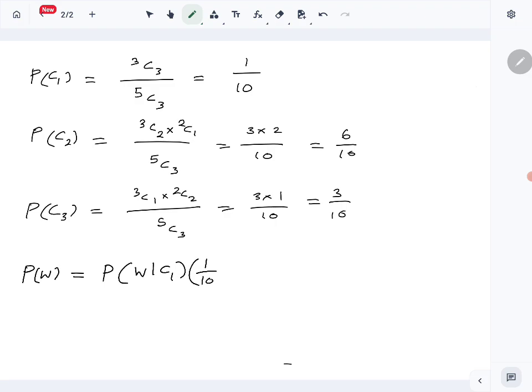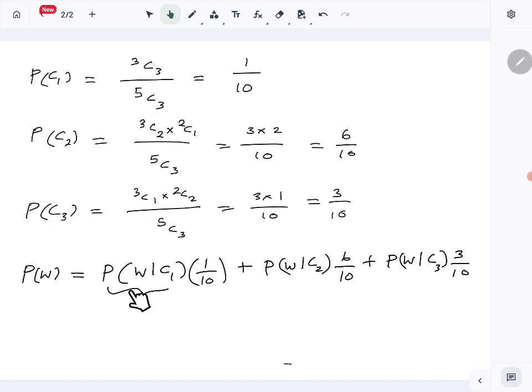P(C1) is 1 over 10, plus P(W|C2) times 6 over 10, plus the conditional probability of this one times 3 over 10. Right. So now we need these 3 probabilities.